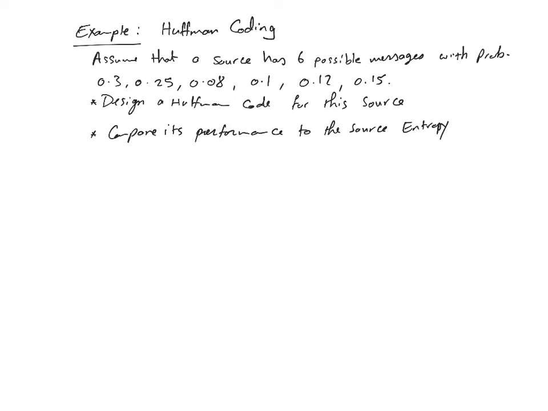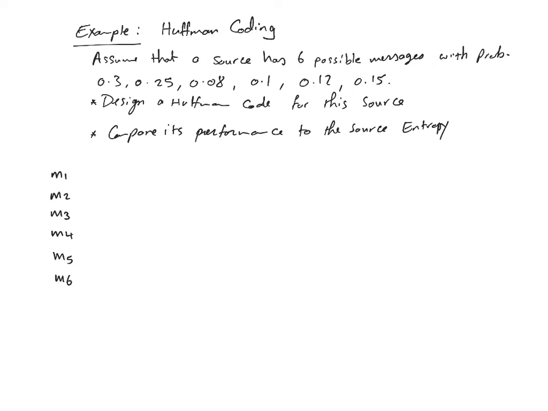So the first step in the Huffman code design was doing what? Sorting the messages according to their probabilities in descending order, right? So let's give the messages some names. Let's call them M1, M2, M3, M4, M5, and M6.